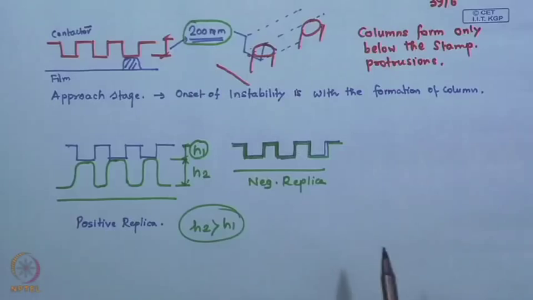Therefore, it has to be a positive replica. This way one can use the concept of elastic instability to generate ordered structures, and unlike a soft lithography based technique like embossing, where you get a negative replica, you can actually create higher aspect ratio structures.